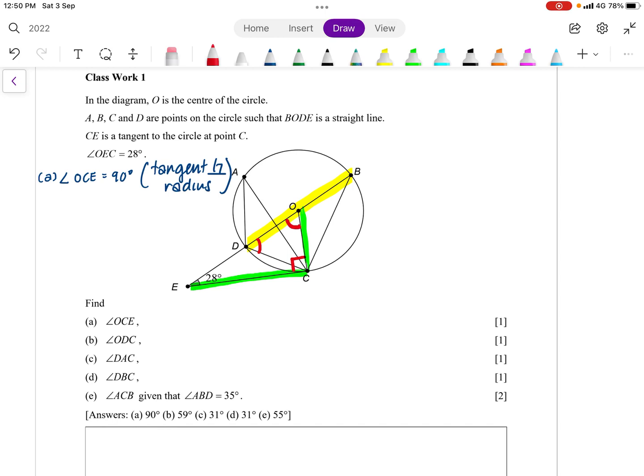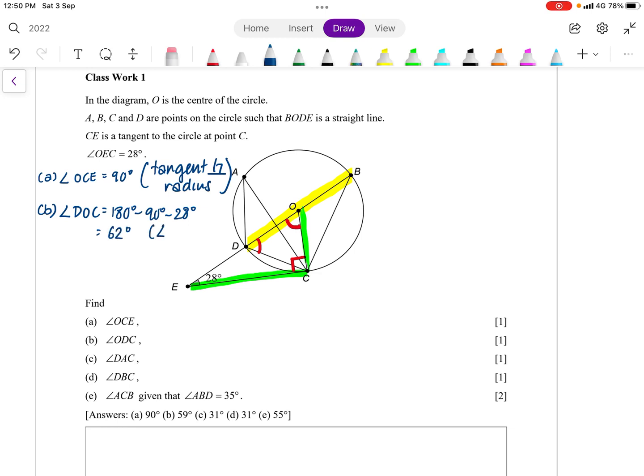How to find DOC? Angle DOC is equals to 180, take away 90, take away 28. By focusing on triangle OEC, you will get 62. Is it 62?